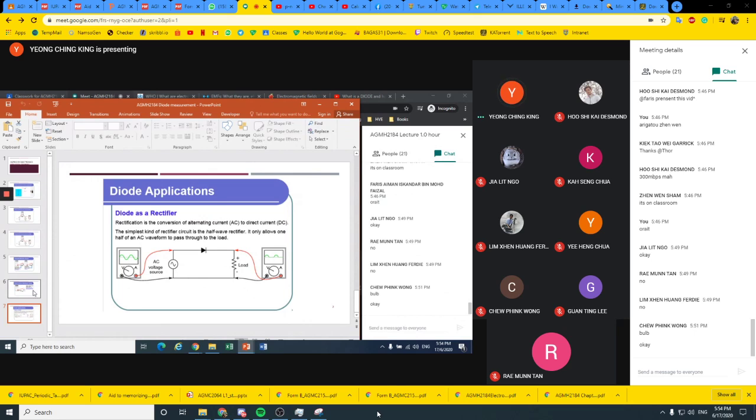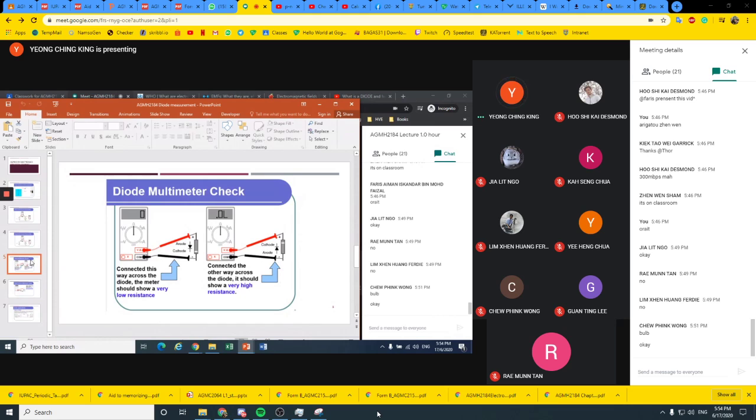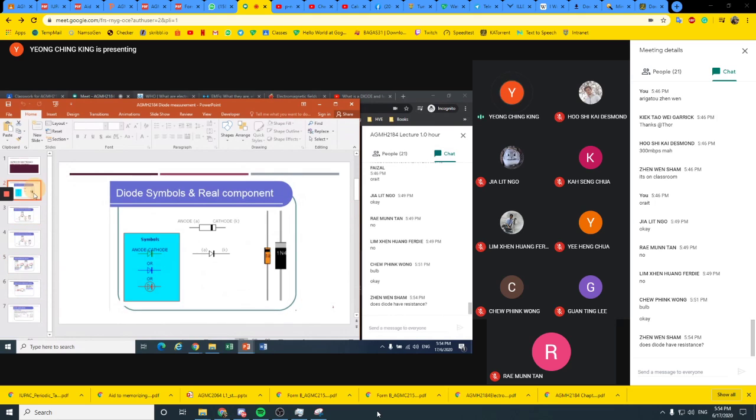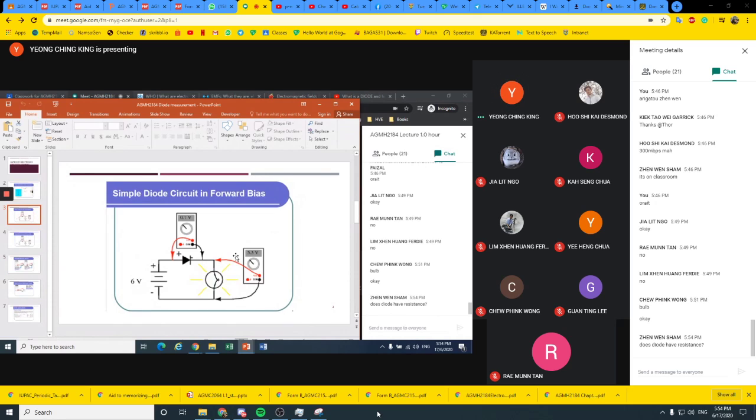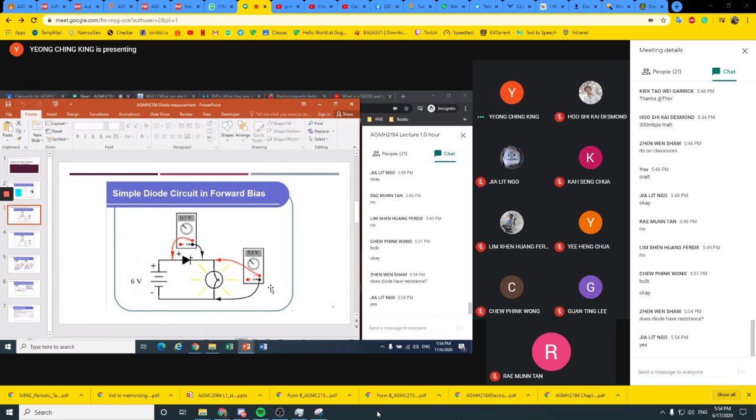Okay. Does a diode have resistance? It might have a very small resistance. Normally, we can neglect it.